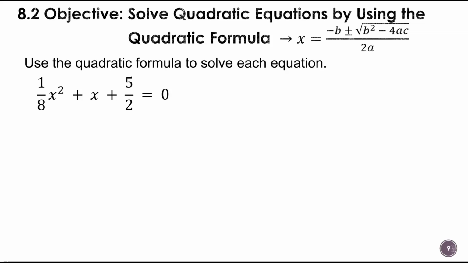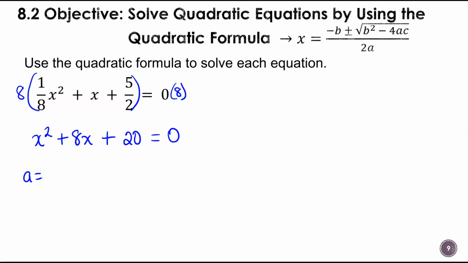All right. So once again, before you would use the quadratic formula, you would clear these fractions. And we would clear the fractions by multiplying by 8 on both sides, right? So that's going to leave me with 1x squared plus 8x plus, 2 goes into 8 4 times, and then we multiply by 5 to get 20.